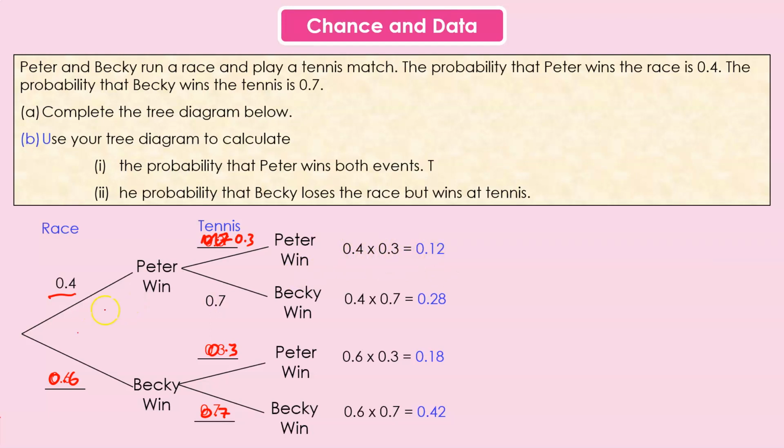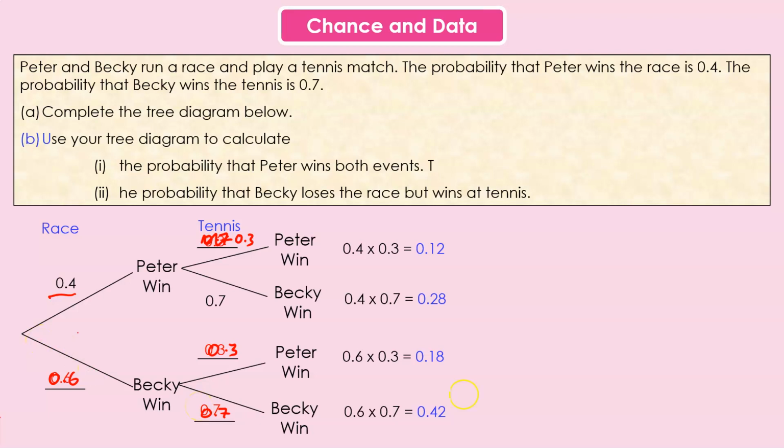The probability that Peter wins the race but Becky wins the tennis is 0.28. The probability that Becky wins the race but Peter wins the tennis is 0.18, and the probability that Becky wins both is 0.42.